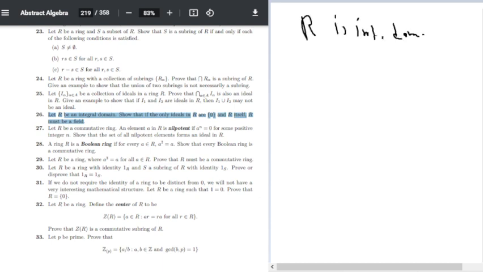Alright. And suppose that we have an element A in R and take its principal ideal.